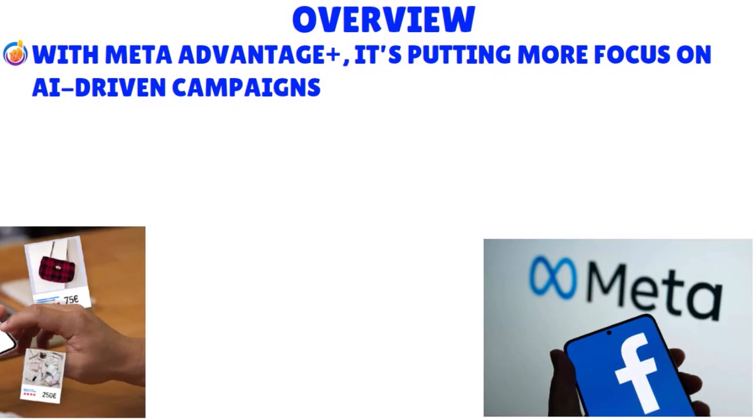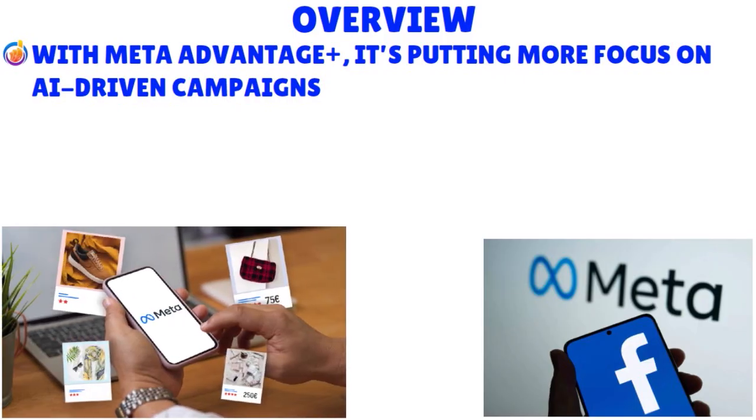Okay, so you can see that the new business model for Meta's executives is that they want you to embrace the whole AI bandwagon, if you will. So that's something to keep in mind. The question is, if you don't have the proper setup for Meta Advantage Plus versus manual setup, you are going to be at a disadvantage. That's really the bottom line here.